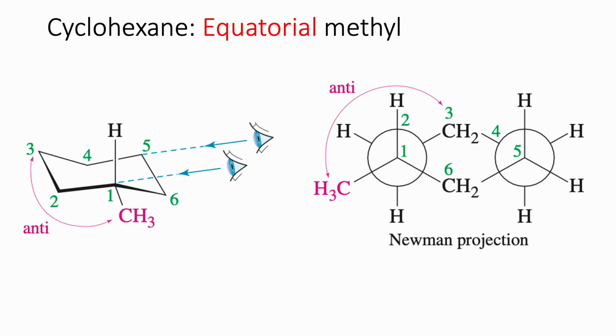And in fact, it's also anti to carbon 5 on the other side. So not only is it anti to the first carbon, as we saw previously, but it's anti to both. So when the methyl group is axial, it's gauche to carbon 3 and 5, and when the methyl group is equatorial, it's anti to carbon 3 and 5.